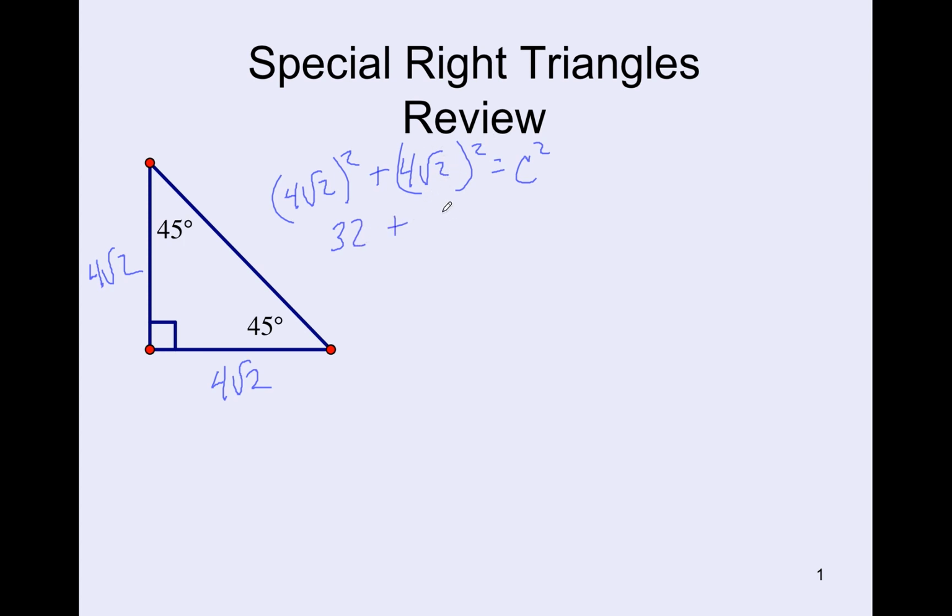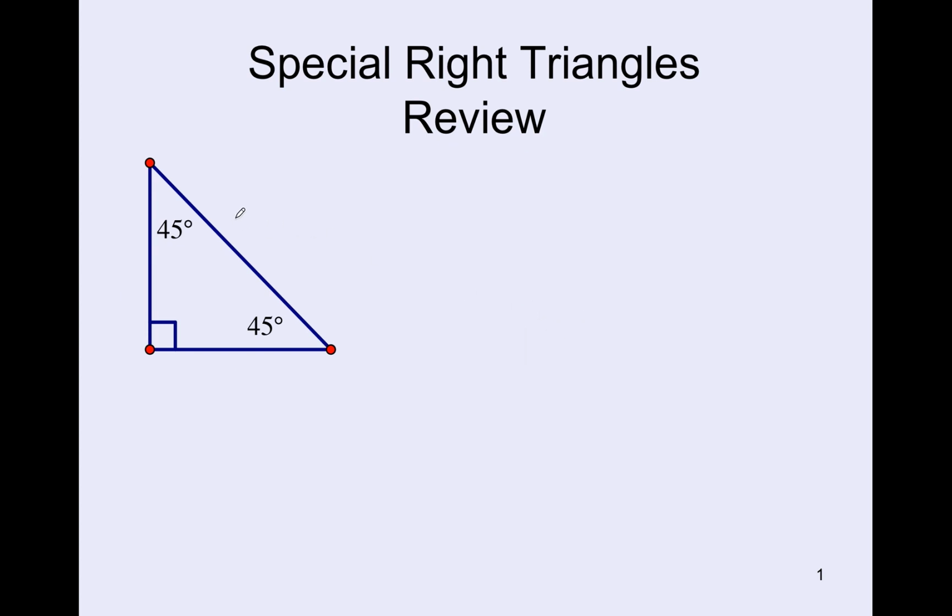If you don't know where I got this number from, watch the previous video. Equals c squared. C squared equals 64. C is equal to the square root of 64. C is equal to 8.